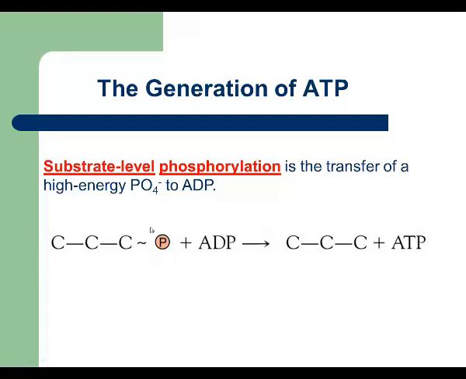When that substrate goes through a phosphorylation reaction with an ADP molecule, it gets dephosphorylated. It means the substrate will lose this phosphate group. But the ADP molecule will be phosphorylated because it will accept that phosphate group and be converted into an ATP high energy molecule.